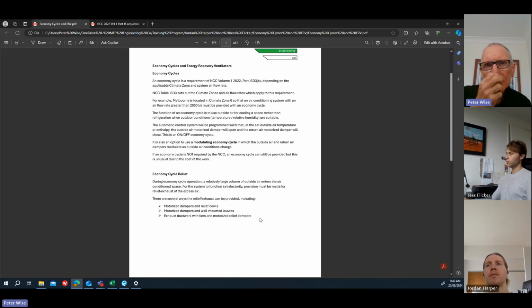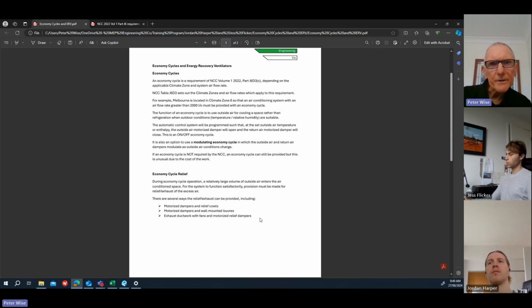The other control option is to use enthalpy, which is looking at temperature and relative humidity and comparing and having the same on both sides. So inside you've got temperature sensors and relative humidity sensors and the same on the outside.